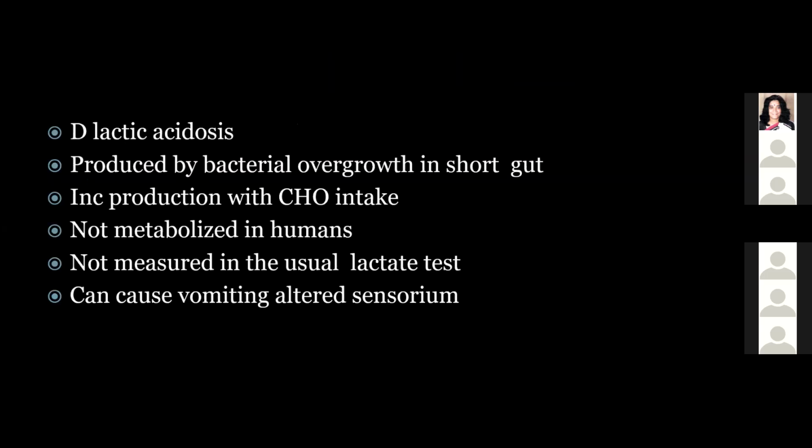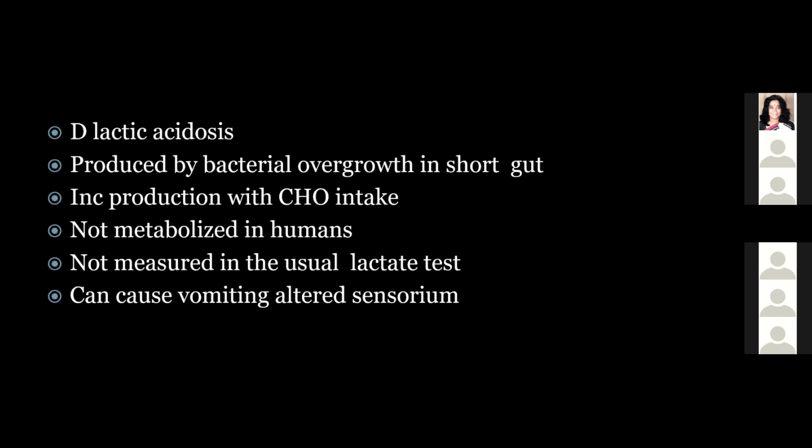So this D-lactic acidosis is a diagnosis by exclusion, because as of now, we don't have a lab which will measure D-lactate. So it's basically a diagnosis based on the background where you can generate D-lactate.